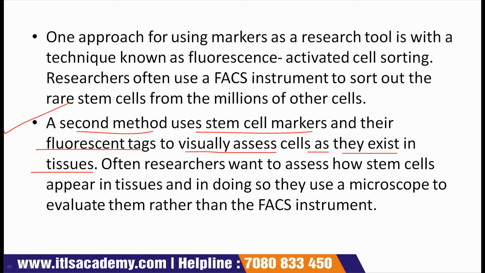Often researchers want to assess how stem cells appear in tissues, and in doing so they use a microscope to evaluate them rather than the FACS instrument, that is fluorescence activated cell sorting. The stem cells will emit a fluorescent light that can easily be seen under the microscope.